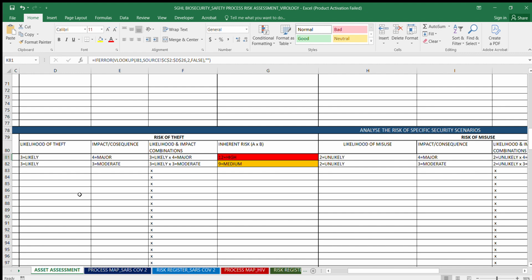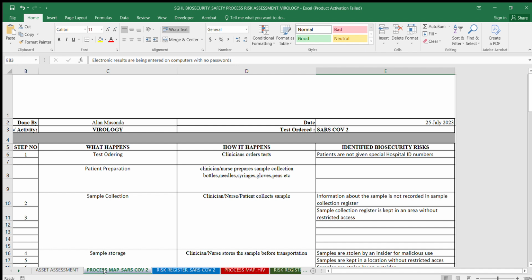In this case, we had a high risk of theft for SARS-CoV, a moderate or medium risk of theft for HIV. It means we need to make a process map just for SARS-CoV and another process map for HIV. Then after the process map is done, you take these identified risks in the process to the register.